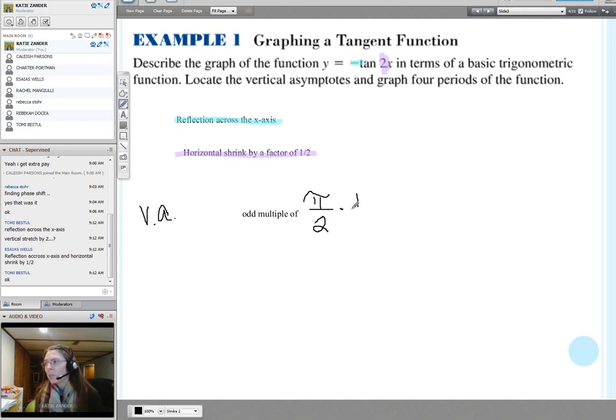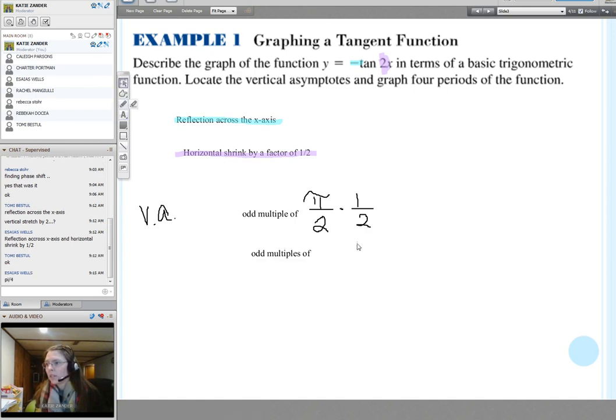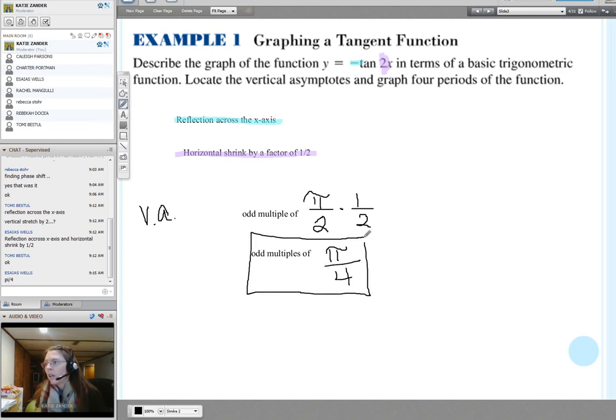So you're going to multiply that pi over 2 by the horizontal shrink that's occurring. So now you're going to say that you have odd multiples of pi over 4. Yep. So your vertical asymptotes are actually occurring at odd multiples of pi over 4 because that horizontal shrink affected where those were happening.